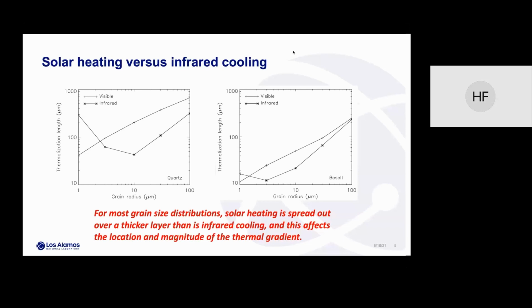What this means is that infrared cooling happens over a thinner layer than visible absorption, and that affects both the location and size of the thermal gradient. The disparity between visible and infrared is greater on the left for quartz particulates than on the right for basalt particulates. Next slide.